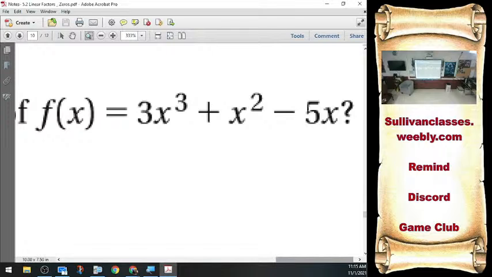Find for me the extrema of this. Relative or absolute, maximums or minimums.